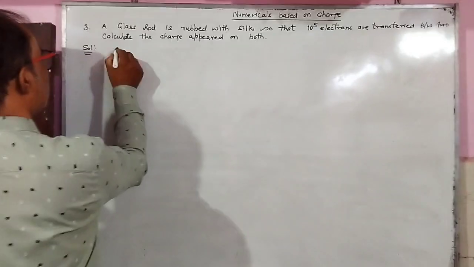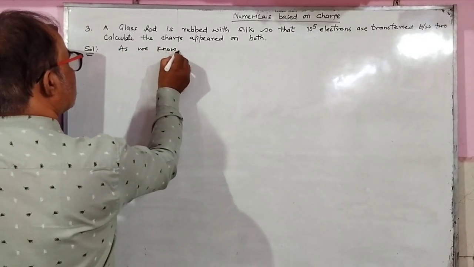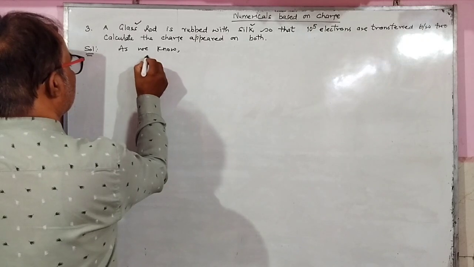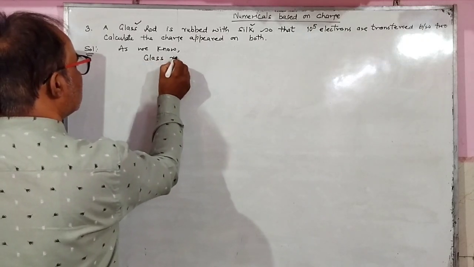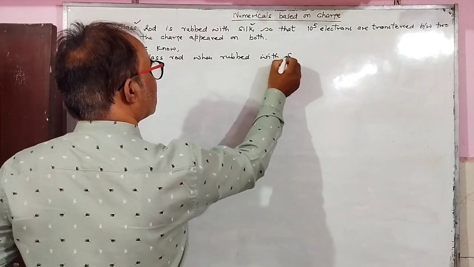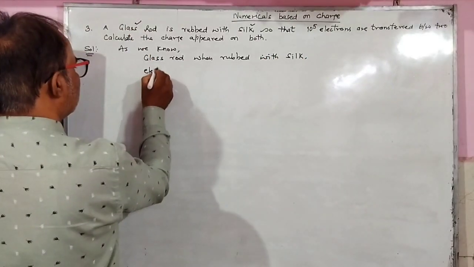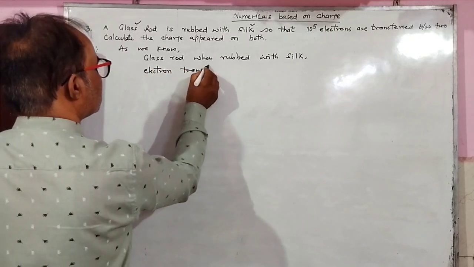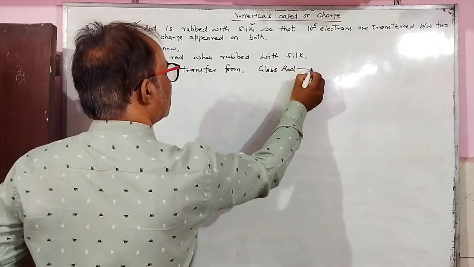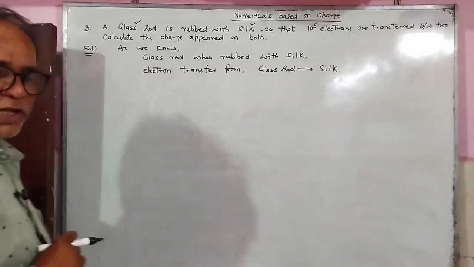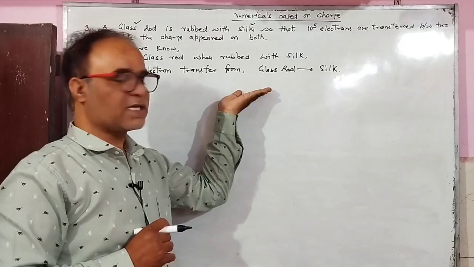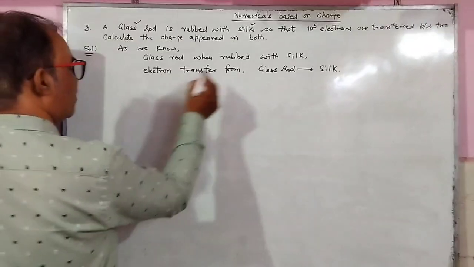As we know, glass rod when rubbed with silk, electron transfer from glass rod to silk. ये हम लोग पहले पढ़ चुके हैं during the friction. वहां हमने टेबल में पढ़ा था कि given a glass rod is rubbed with silk, electrons are transferred from glass rod to silk so that glass rod is positive.